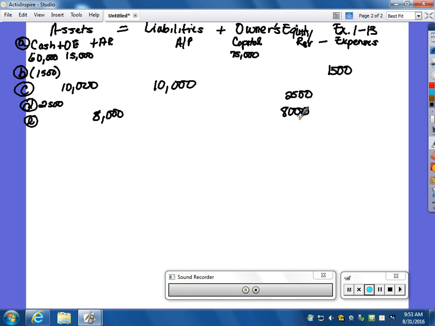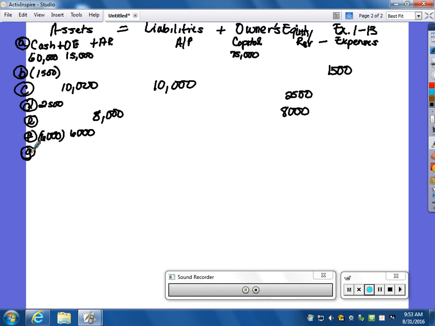Okay, letter F, as in Frank. The company purchased additional equipment for $6,000 cash. What happened? Cash decreases by 6,000. Office equipment increased by 6,000.